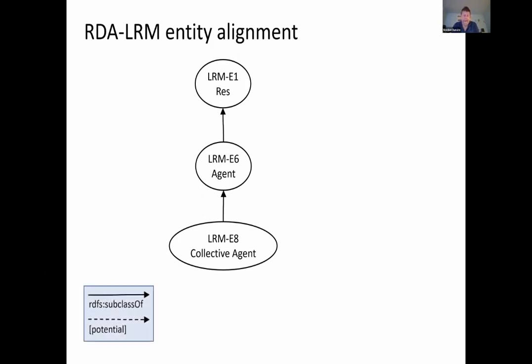These are linked by an ontological relationship. You don't have to worry about this. It's technical, and the computer people know all about this. But the collective agent is declared as a subtype or subclass of agent, and agent is a subclass of res.